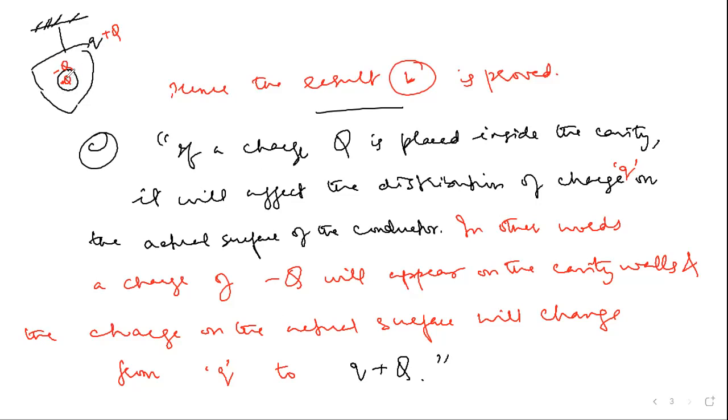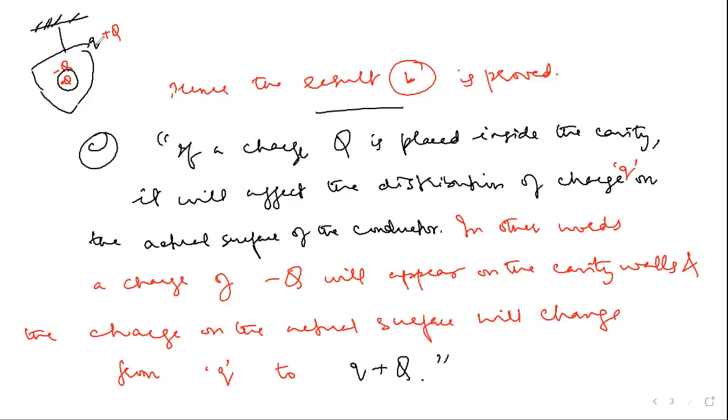So placement of this charge inside the cavity affects the distribution of charge on the actual surface, and charge on the cavity walls is created. And you must understand this: if you place minus capital Q charge in the cavity, then plus Q will appear on the cavity walls and minus Q will add to the actual surface charge, because then the movement of the electrons will be in the opposite direction.